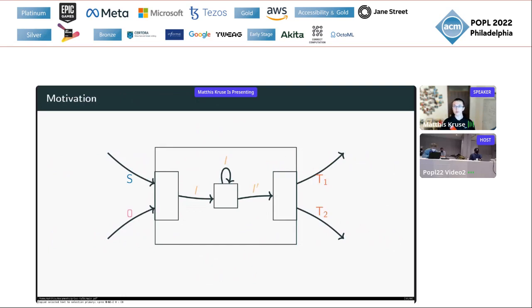Now you might remember the motivational slide, and right now we have only covered some aspects of the middle part. But on the left-hand side, you can see there's another kind of composition, which we refer to as simply upper composition. We will now prove that the upper composition behaves similar to sequential composition.